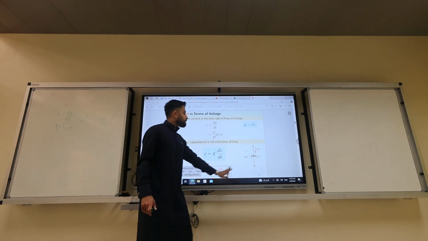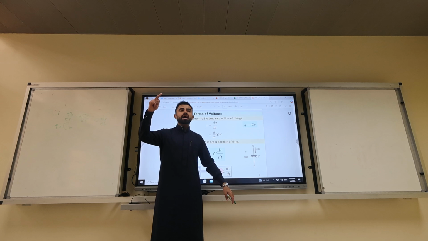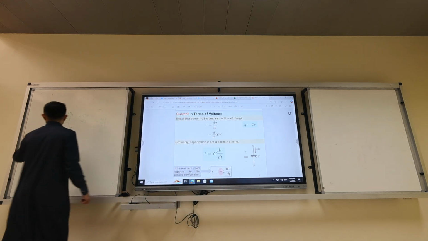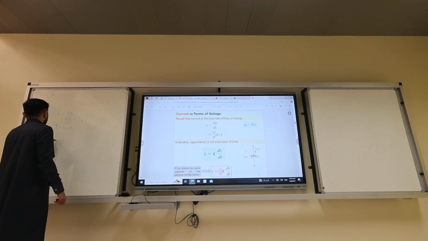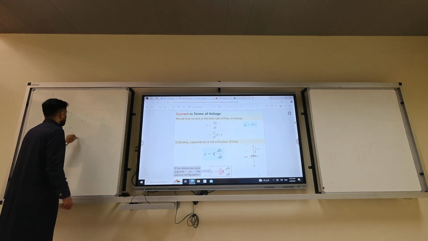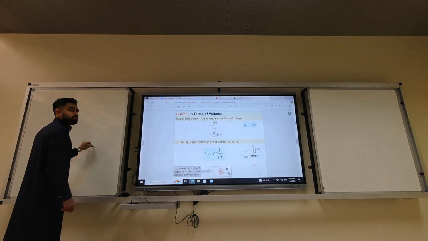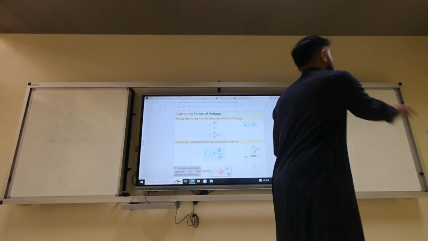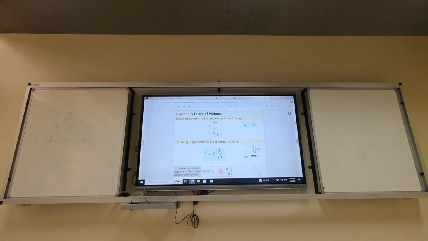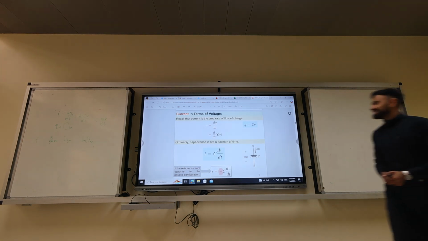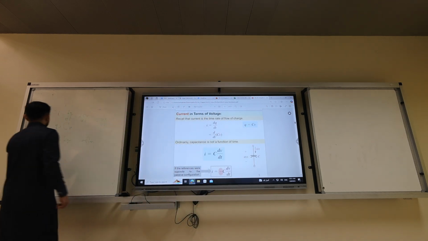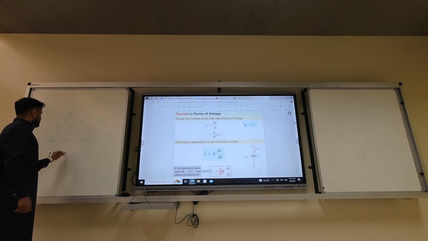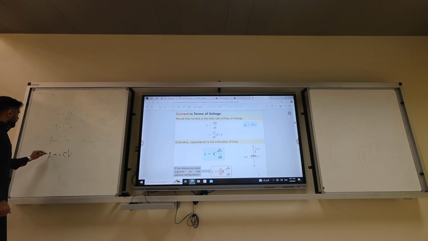If the current enters from the negative, passive sign convention, then what we have is I equals minus C dV/dt.